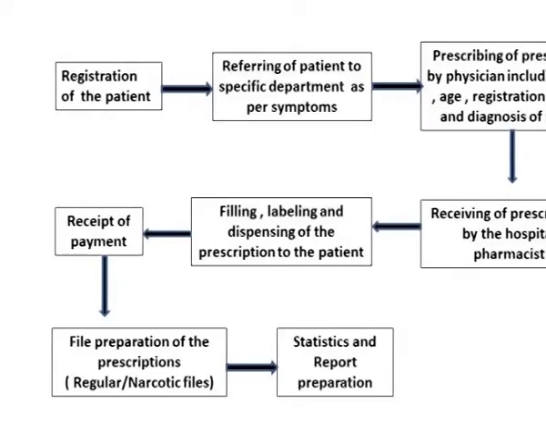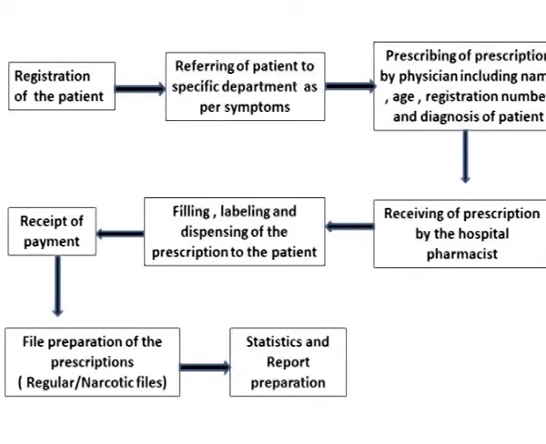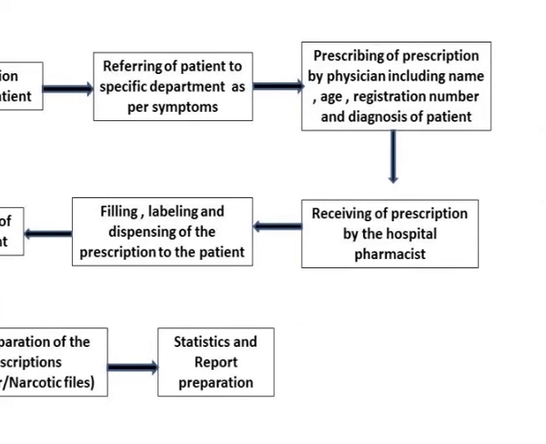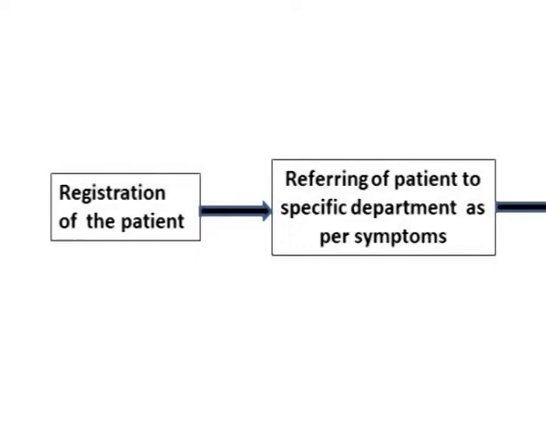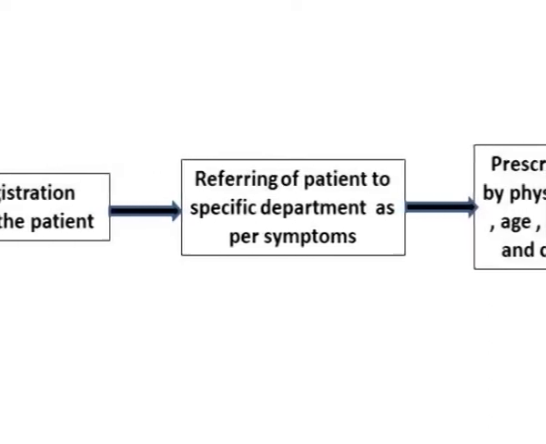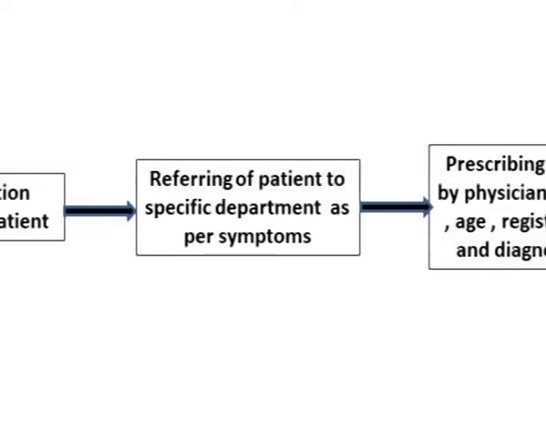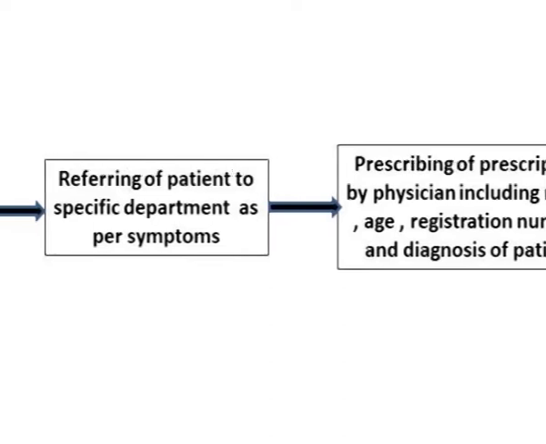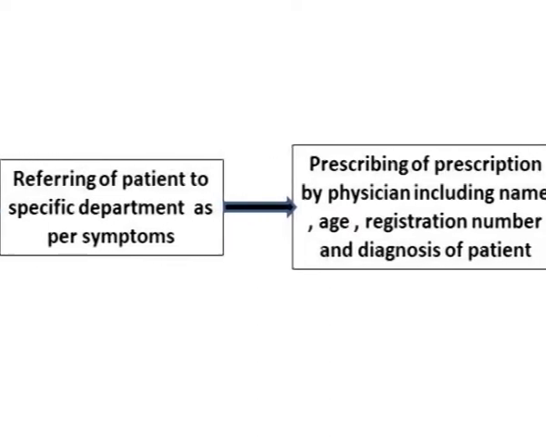The activity chart for outpatient dispensing is given below. Figure 2 describes receipt and issue of drugs for outpatient or ambulatory patients. First of all, when any patient comes, they are to be registered. So first is registration of the patient. Then referring the patient to a specific department as per symptoms.